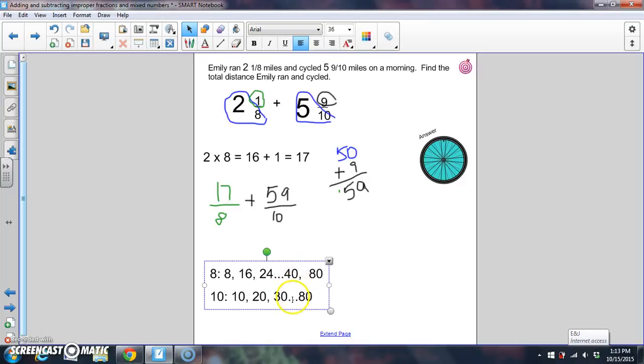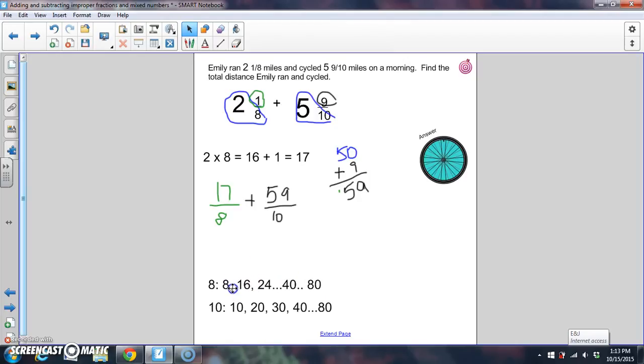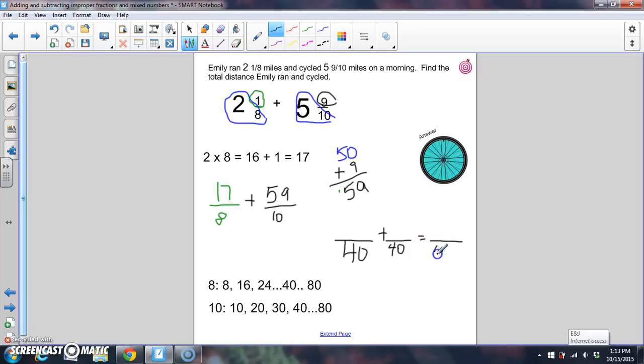Did anyone also recognize 40? Let's go ahead and use 40 as a common multiple. Let's rewrite 40 as the denominator. Eight times what number gets us 40?